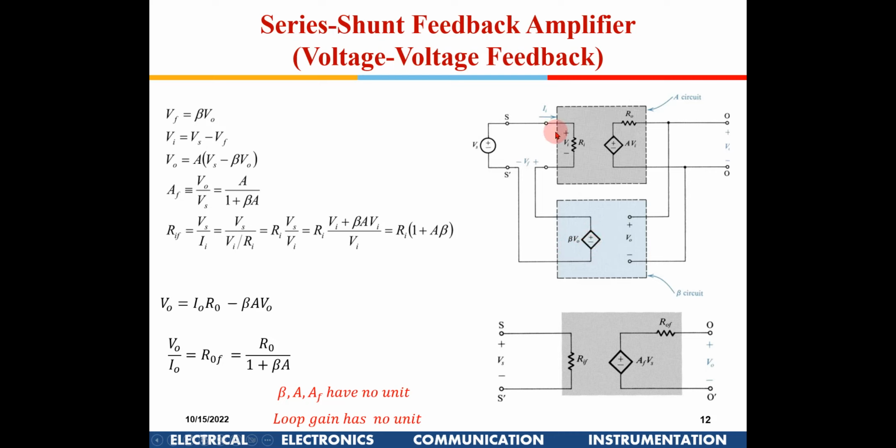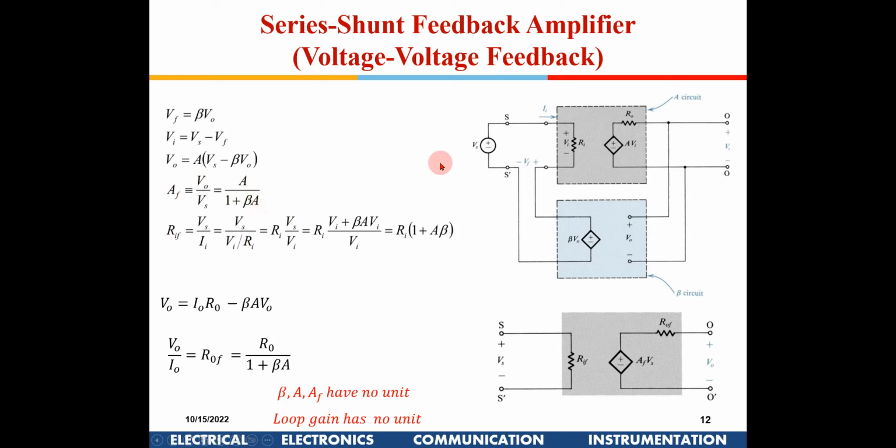So Vi is Vs minus the feedback voltage, and V out here will be A times that. We are neglecting the current which is going to flow here, since we are doing open circuit analysis, so the feedback voltage becomes beta V0. This is the forward gain, and it is the same derivation we did earlier. So I get a forward gain of A divided by 1 plus beta A.